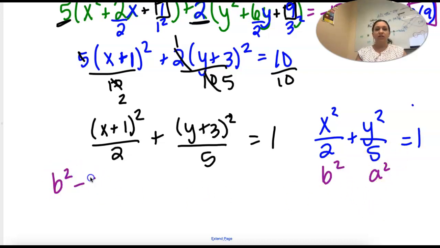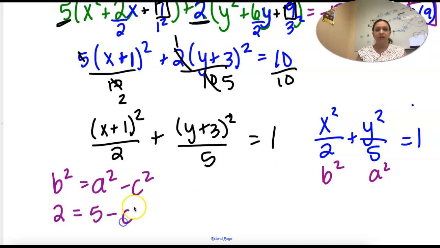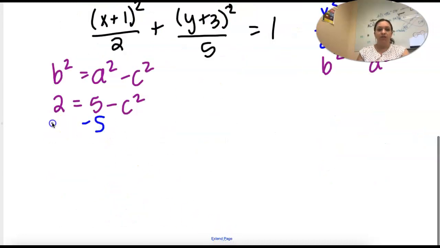So let's find c. So b squared is 2, a squared is 5. Let's find what c would be. Minus 5 both sides, negative 3 equals negative c squared. They can both change to positive.